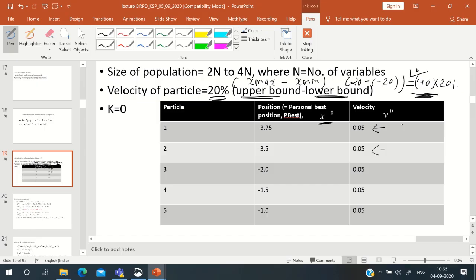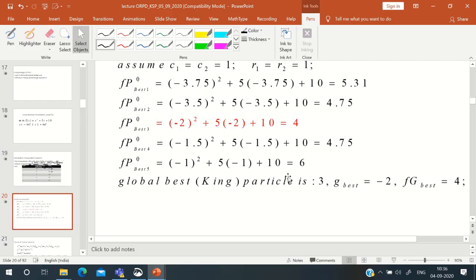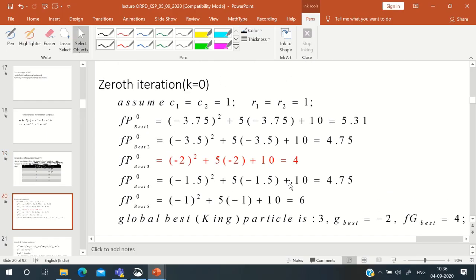This first step is common to all optimization methods. Now, once you initialize these x values, find out the function values corresponding to each particle. And for simplicity in this case, I have assumed C1 and C2 as 1 and random numbers R1 and R2 as also 1.